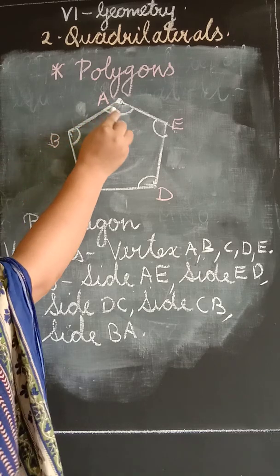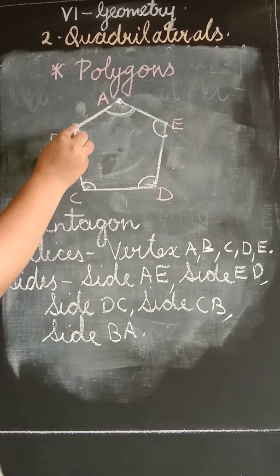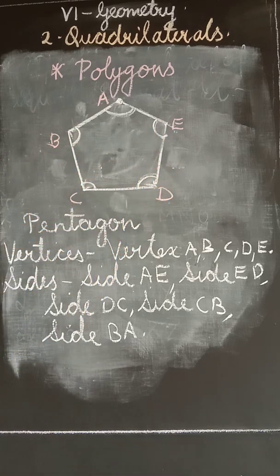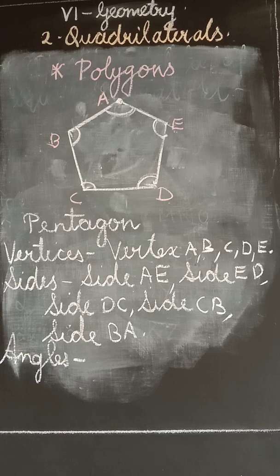And when they join, one angle is formed. Did you understand? So now the semicircles or curves which I have drawn, they are the angles. Okay? Angles, you can name in 1 letter or 3 letters. We will name it in 3 letters.